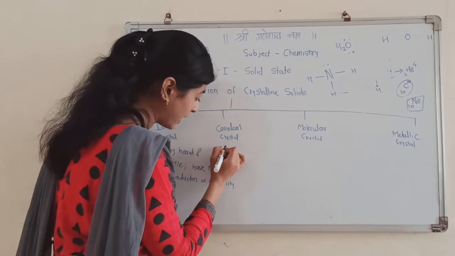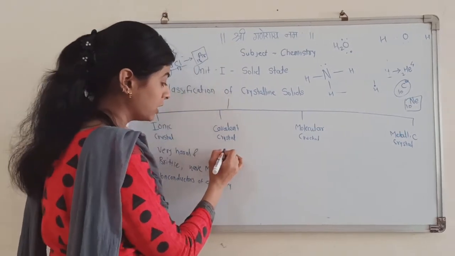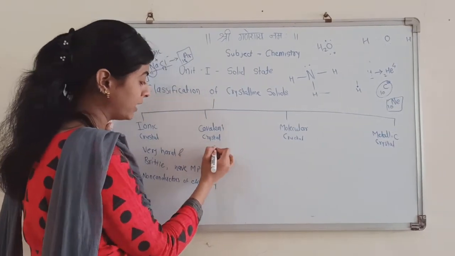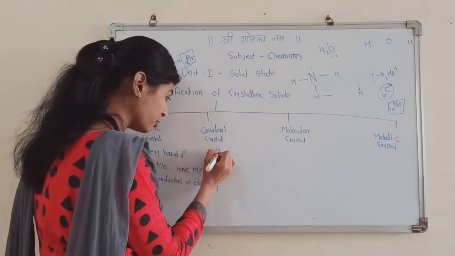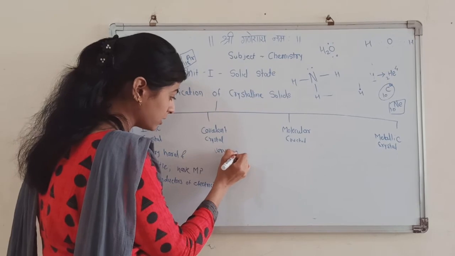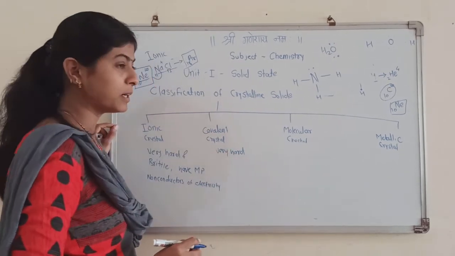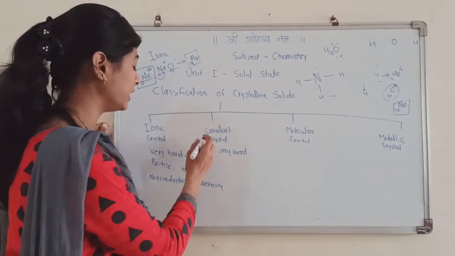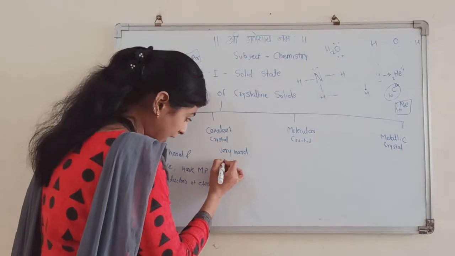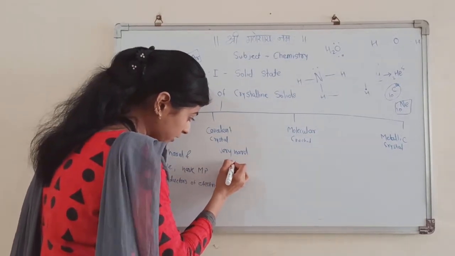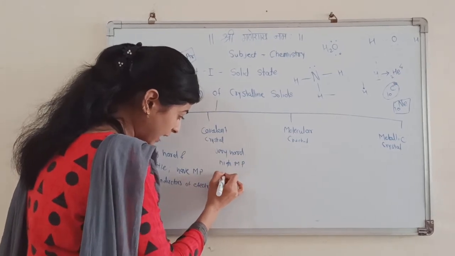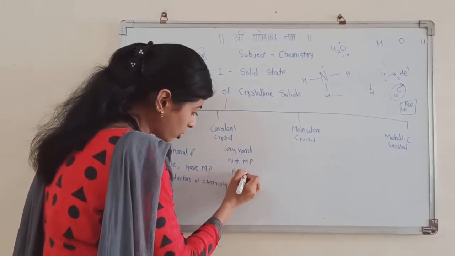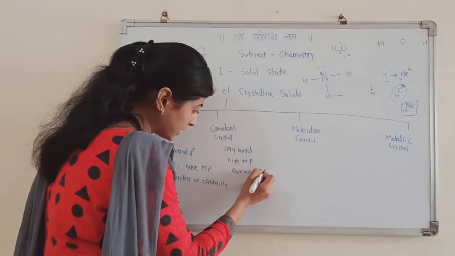Covalent crystals have covalent bonding, and hence the covalent bond is very rigid, and these are also very hard. Due to the perfect or regular bonding in covalent crystals, they have a high melting point and are poor conductors of electricity.